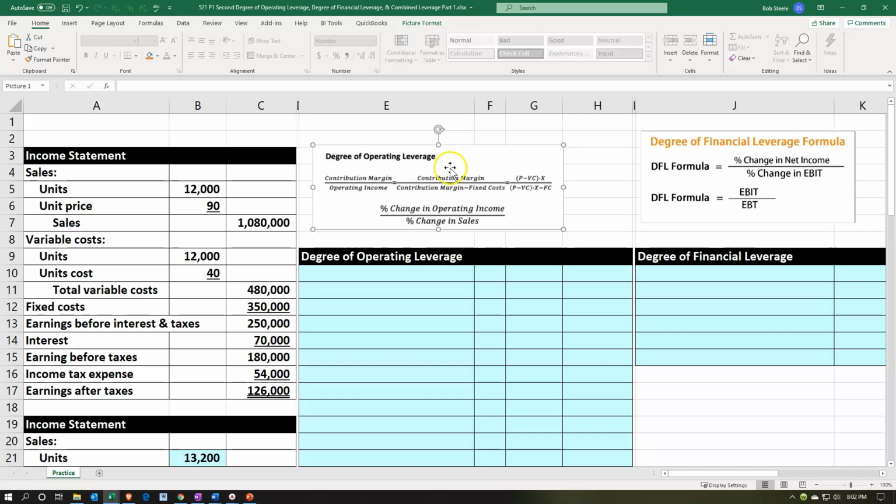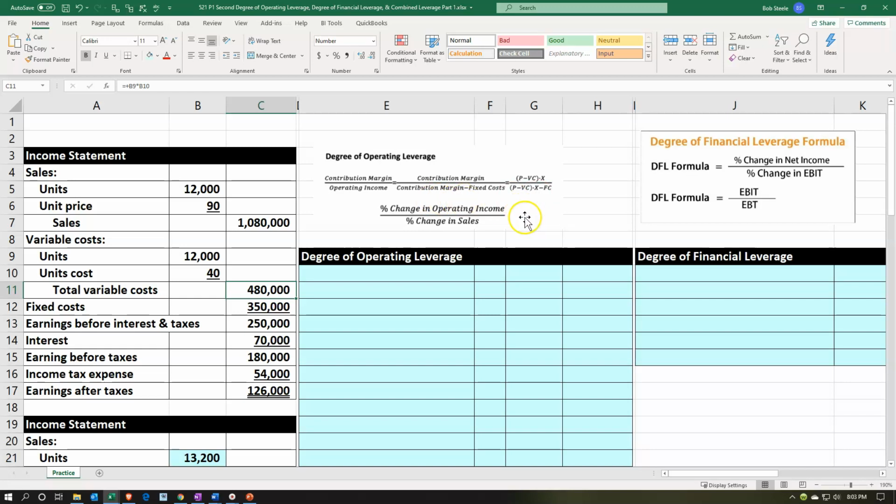You can calculate that as the total sales minus the total variable costs, or as the price per unit minus the variable cost per unit times the units that are going to be sold, divided by that same amount, the contribution margin minus the fixed cost.